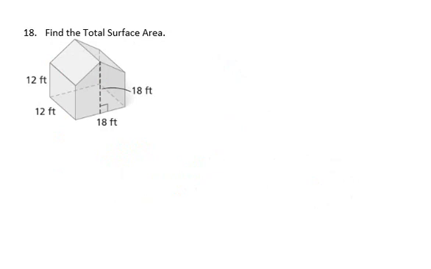Number 18, find the total surface area. So on this one, if you remember what we did on our project, the surface area is what's on the outside. Okay, we don't count anything that's on the inside. So we're going to go ahead and split this up into two polyhedra. We have our rectangular prism here down below, and then we have a triangular prism right up above. So you can see that right here, and then back here.